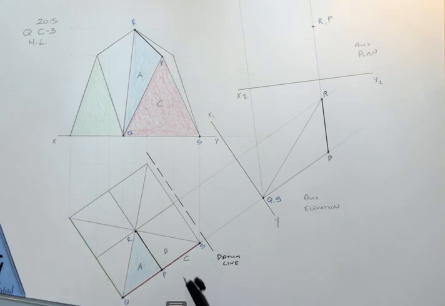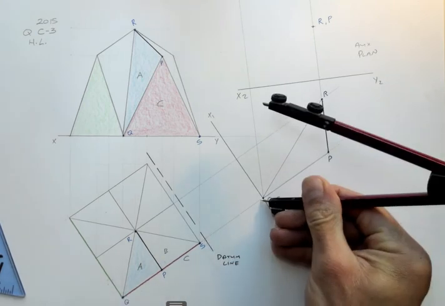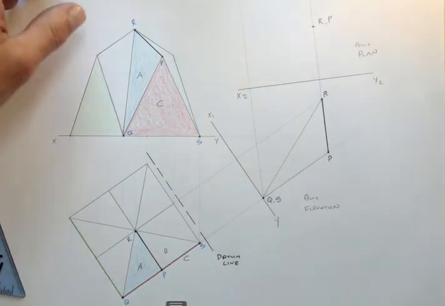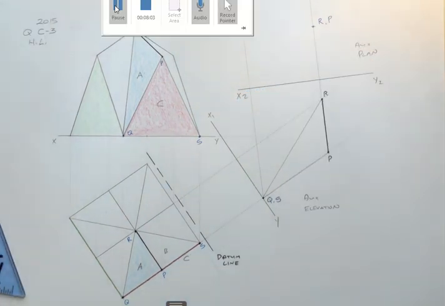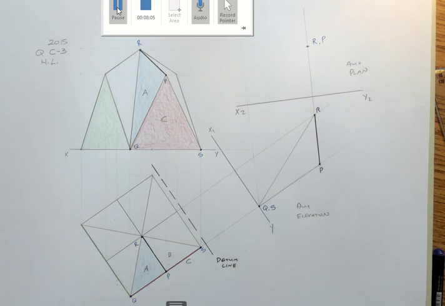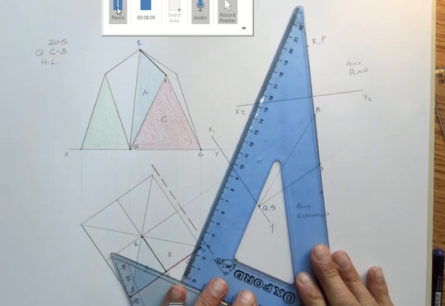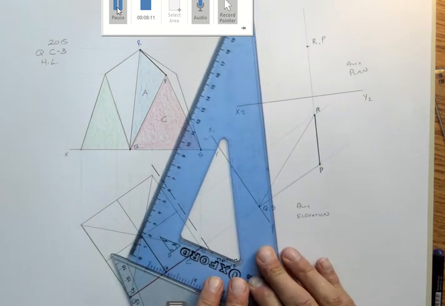So again, I've got my distance for Q, and I step it out. Project out points Q and S in the same way.